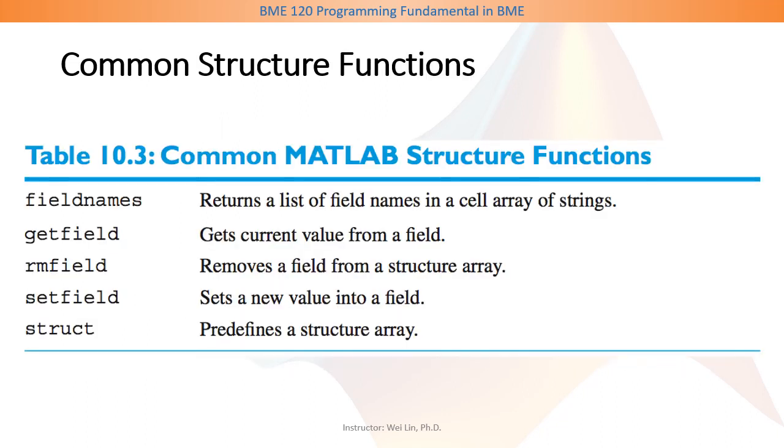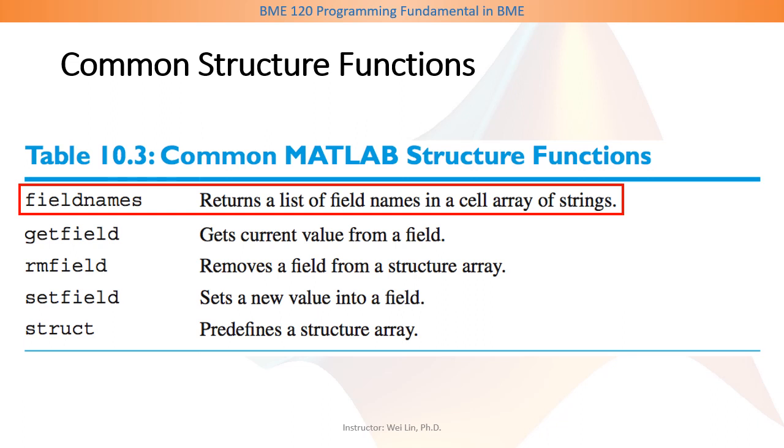Here is a list of structure functions. The first function is called fieldnames, and it will take the variable of a structure as input and return a list of field names in a cell array of strings. And here is a very important point: the data you get back from this function call is a cell array of strings, not an array of strings.